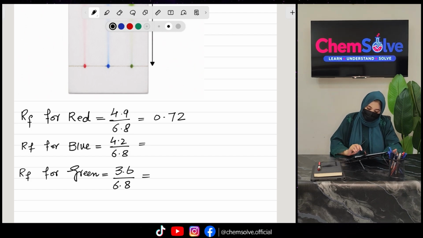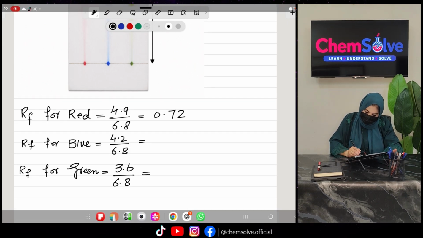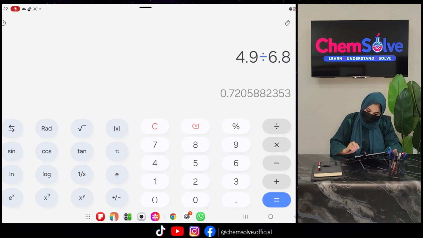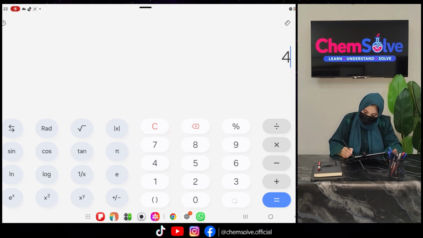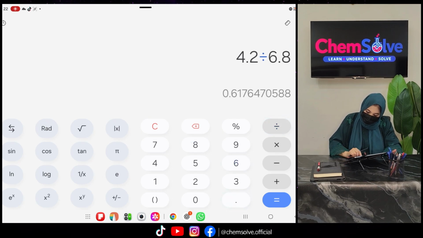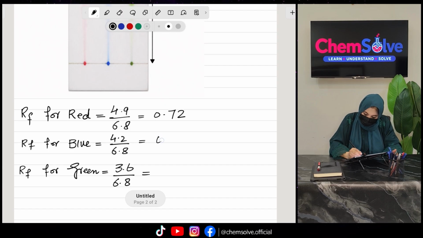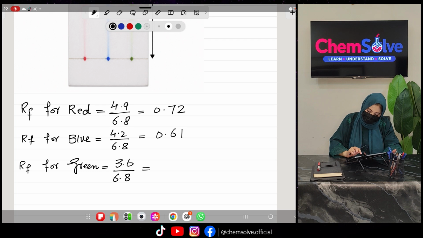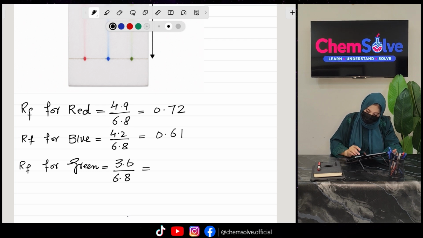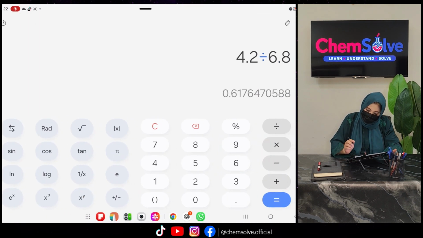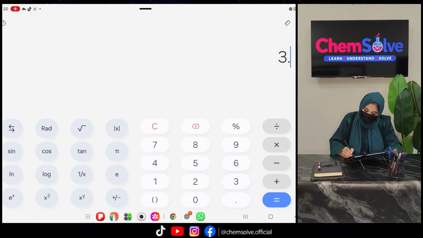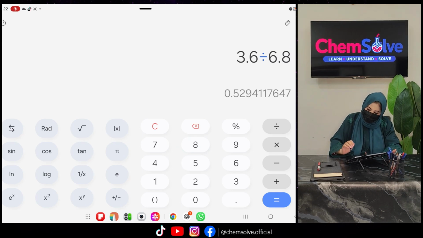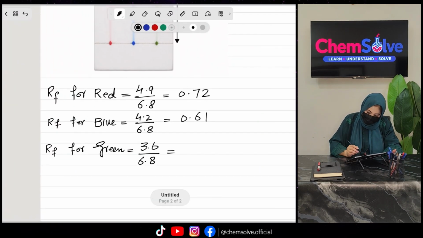For the next one, 4.2 divided by 6.8, it is 0.61. So I will write 0.61. And lastly for green, it is 3.6 divided by 6.8, it is 0.52. So 0.52.